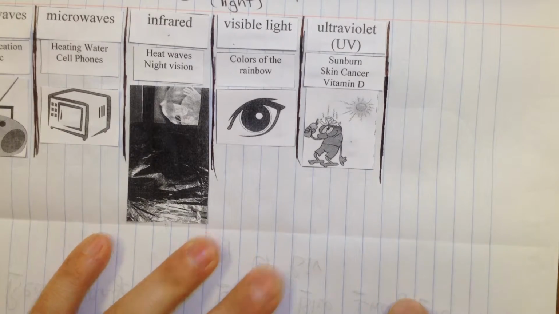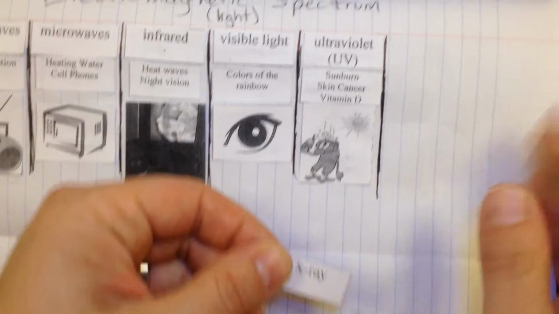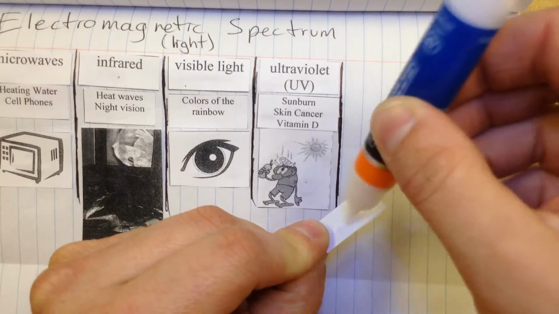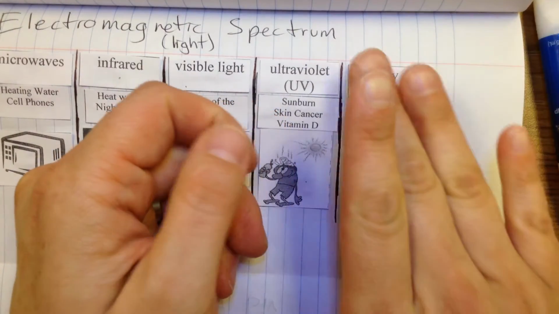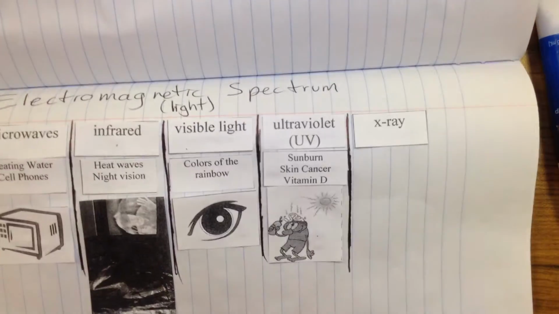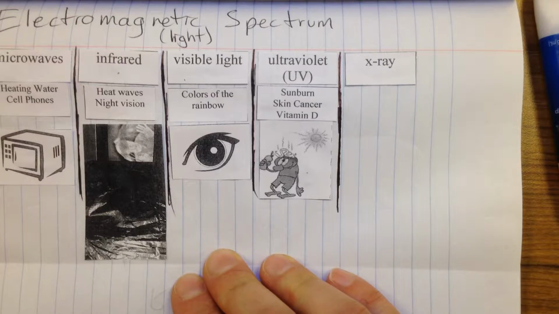All right. After ultraviolet, we now have X-ray. What is X? When I say X-ray, what do you think of?